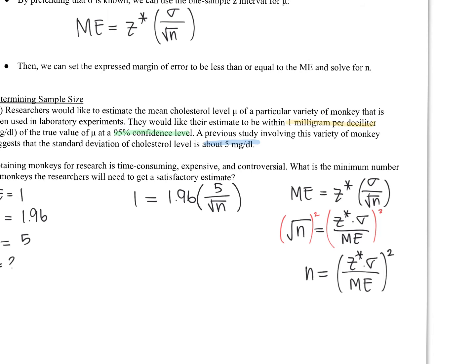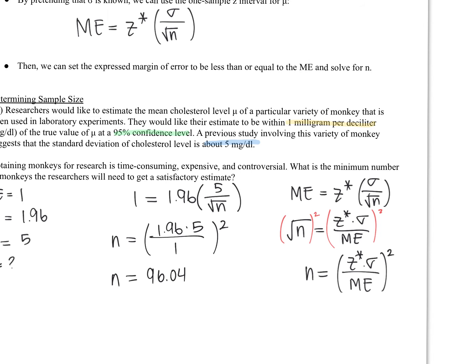So reordering, we'll have n equals 1.96 times my standard deviation 5 all over 1 squared. So 1.96 times 5 divided by 1 is 9.8, and then we square it and we get 96.04.